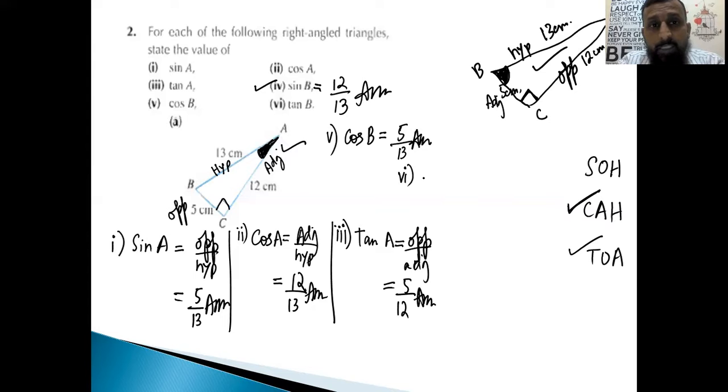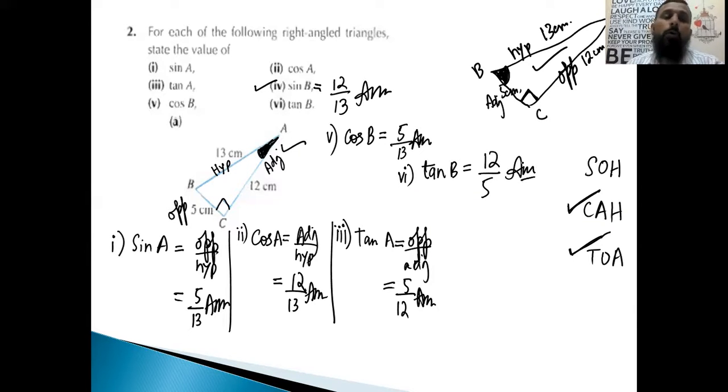Part 6 is tangent B or tan B. Consider angle B. Tangent equals TOA, opposite upon adjacent. Opposite is 12 and adjacent is 5. It's 12 upon 5.